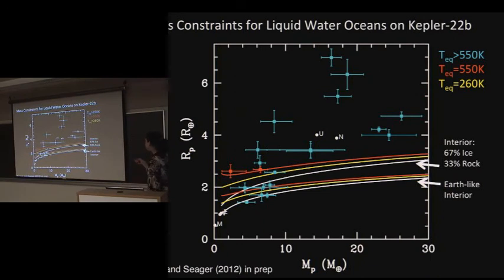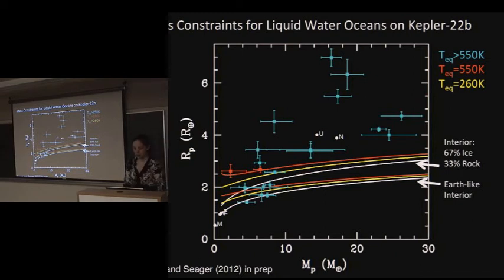So here, I want to draw your attention to these yellow curves that are for Kepler-22, with an equilibrium temperature of about 260 Kelvin.